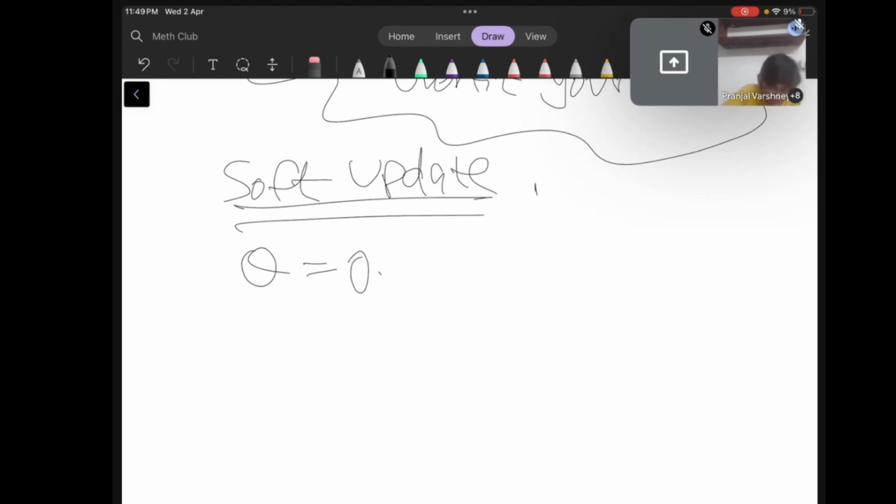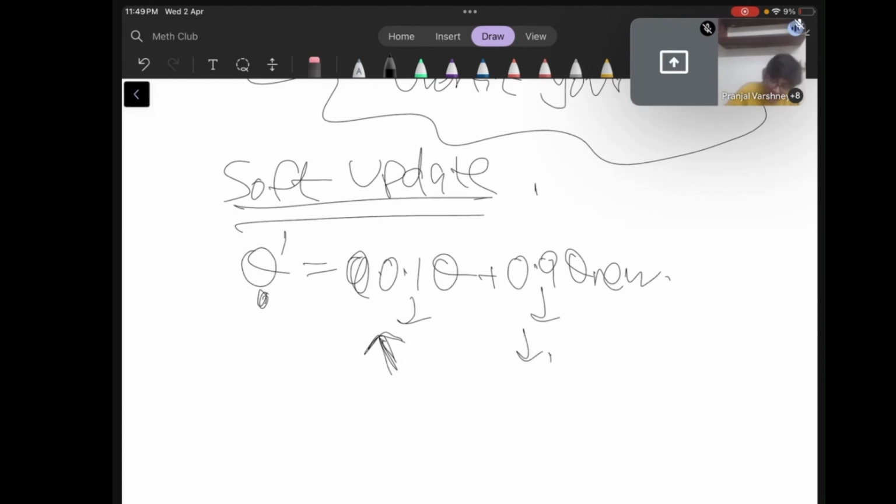So I'll say some 0.1 of our old Q. Our Q dash, which we get, will have less information of our old one and more information of our Q new, and we'll keep increasing this and keep decreasing that, and we'll set this as the y for your training examples for the next run.